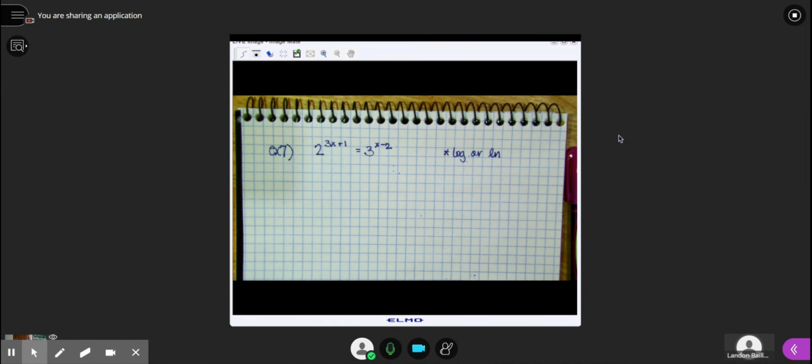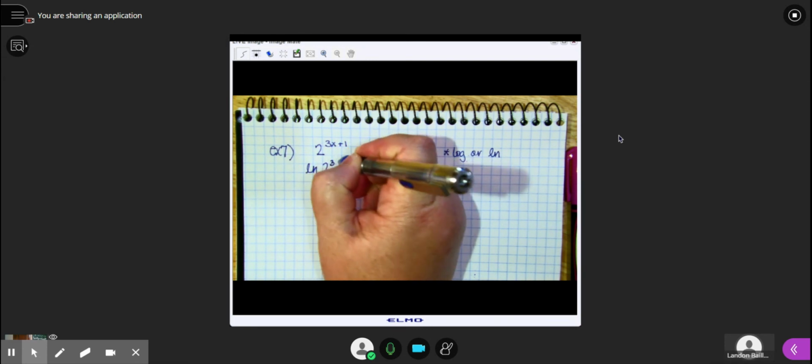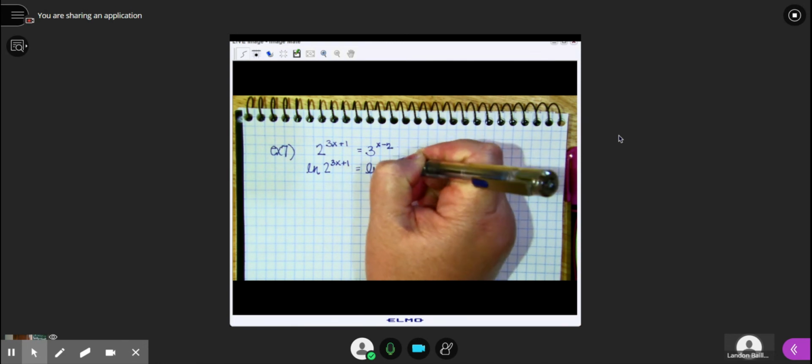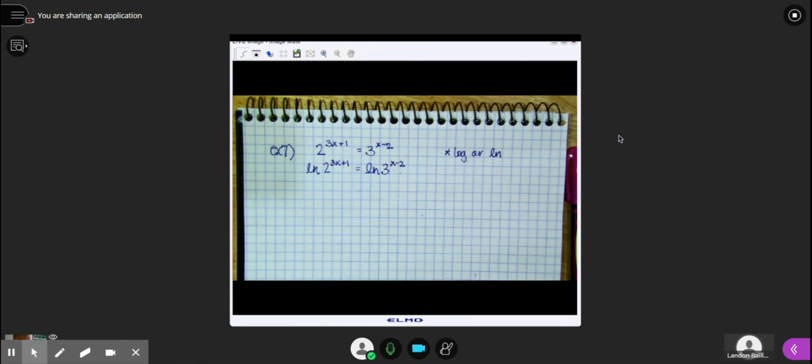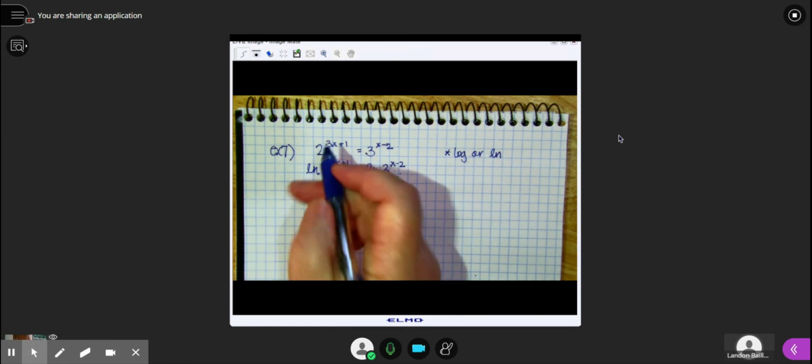Most of the time, there's no advantage one way or the other, short of having a base 10 or a base e. So I'm going to do an ln of 2 to the 3x plus 1 is equal to an ln of 3 to the x minus 2. The 3x plus 1 gets to come out front.